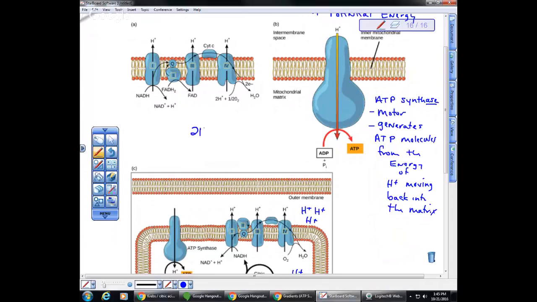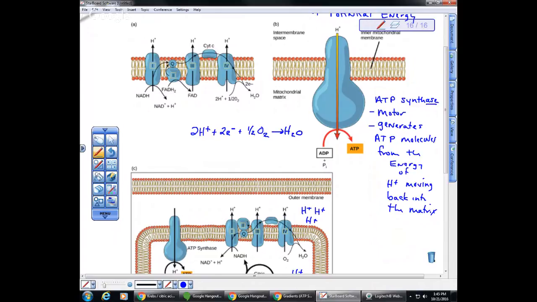So if we have hydrogen inside, we combine that with 2 electrons, because we would like to add electrons to our protons to make a hydrogen atom, right? And then we combine that with 1/2 of the oxygen molecule, which would just be 1 oxygen. And what this produces is water.